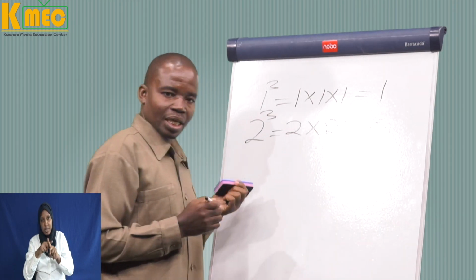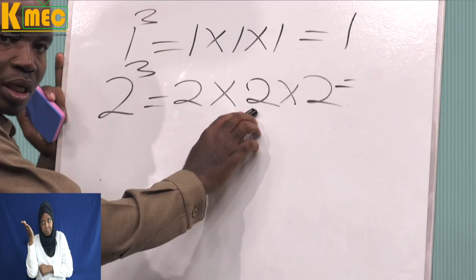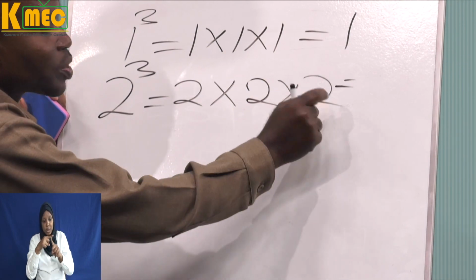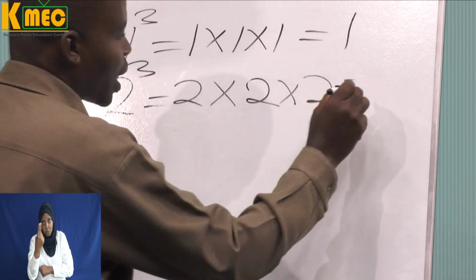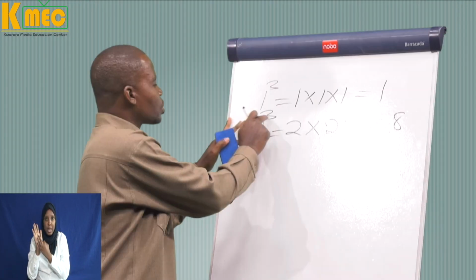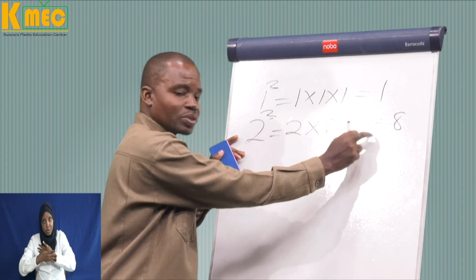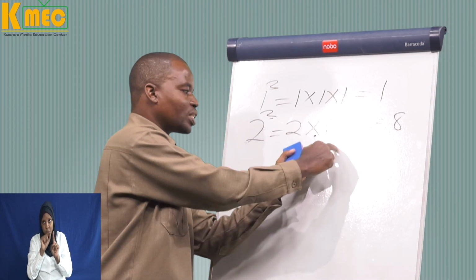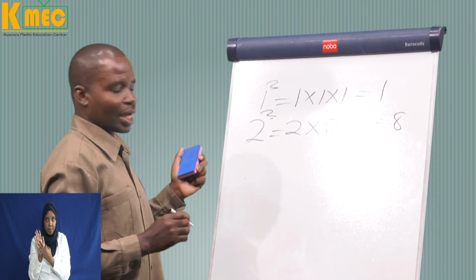We just multiply 2 times 2, which is 4. 4 times 2 is equal to 8. Therefore, 2 cube is equal to 8.